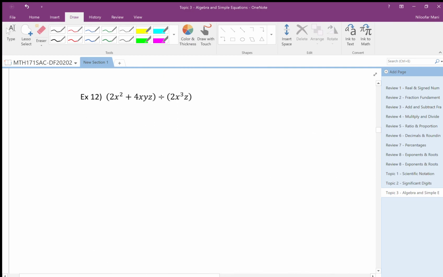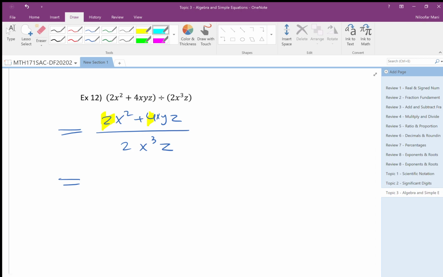How about this? It is (2x squared plus 4xyz) over 2x cubed. Do I see anything common? Yes, I see 2, I see x. For the bottom, I'm lucky because I have one term there, just a monomial. So I factor out 2x: 2x times (x plus 2yz). Now can I cancel?